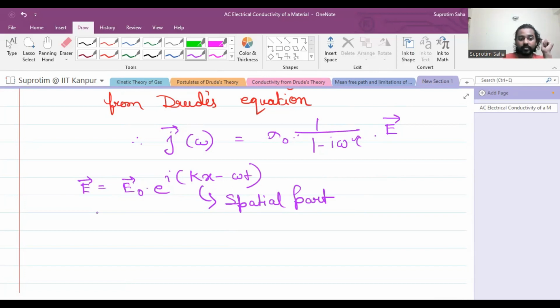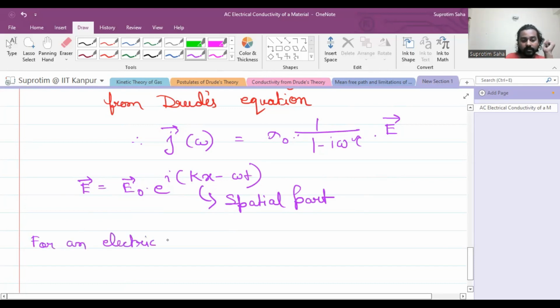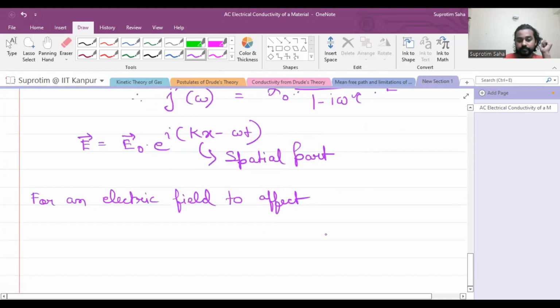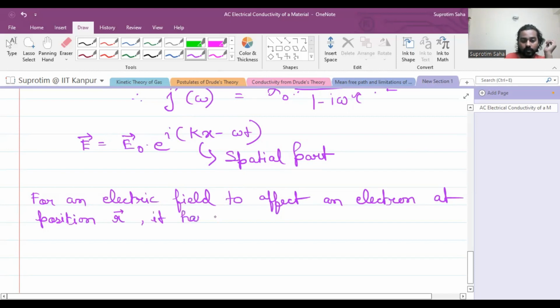For an electric field to affect an electron at position r, it has to do so since the electron has last undergone a collision.